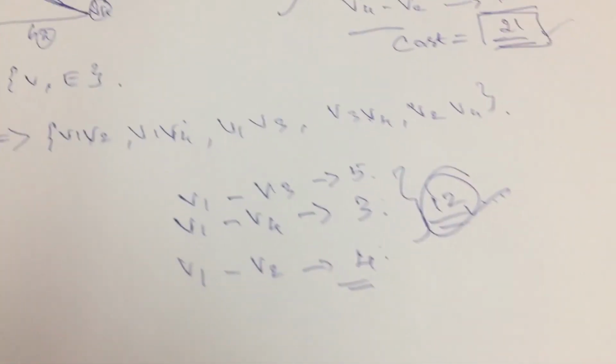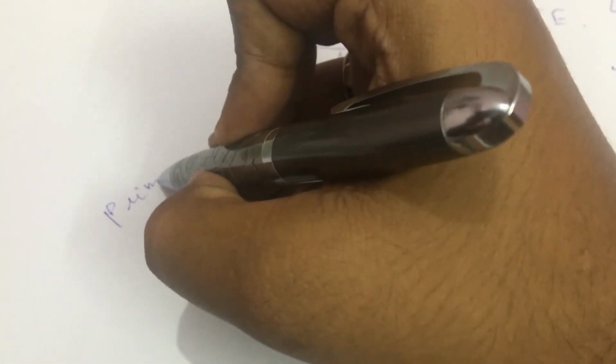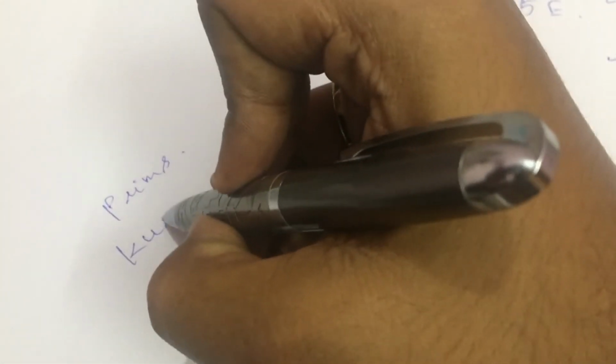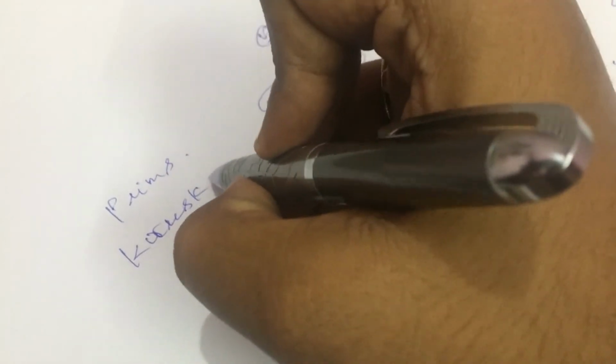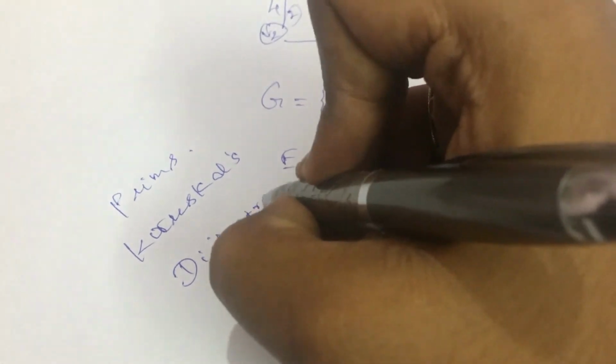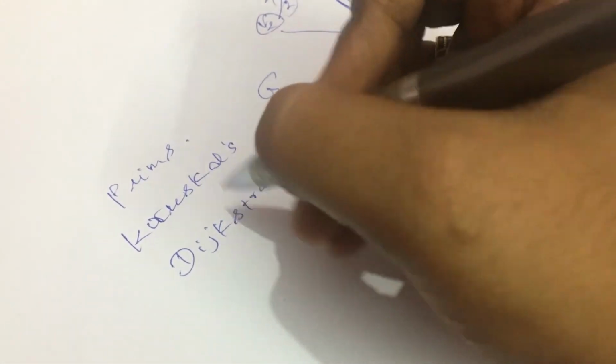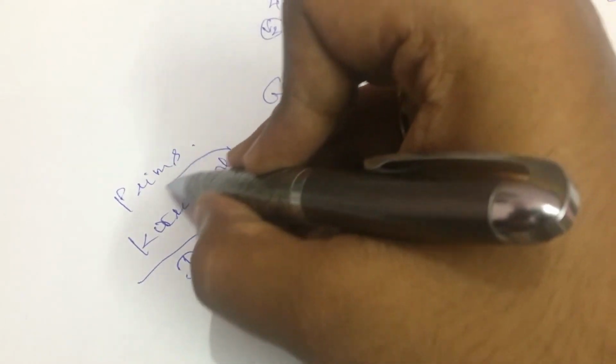For doing this, we have a lot of algorithms. For example, we have Prim's, Kruskal's algorithm, and also Dijkstra's algorithm. But the most efficient algorithm of all 3 is Kruskal's.